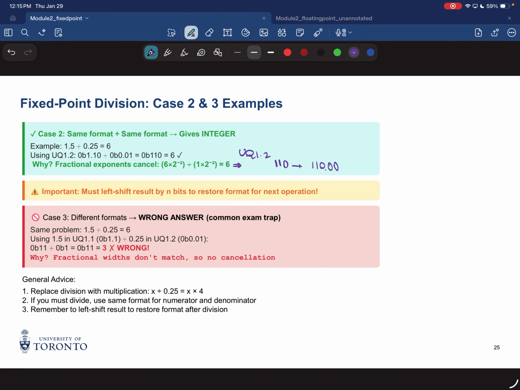Left shift, yes. You need to have a space to store it, obviously. Otherwise it would be 0. Does it make sense? Please. So this really would be like UQ3, right? Yes. Otherwise, yes, it wouldn't fit.